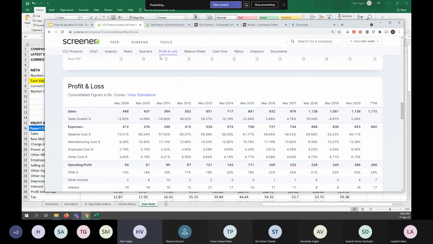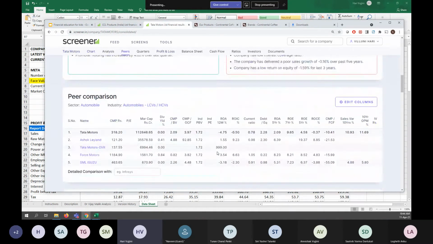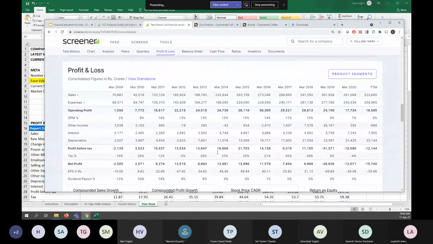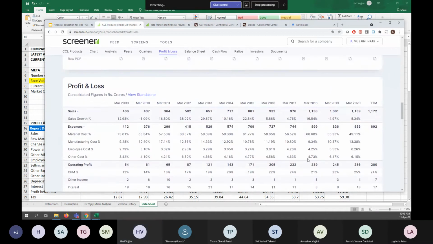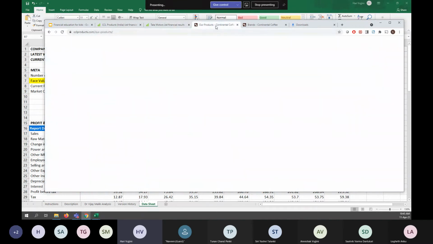CCL is also doing manufacturing, not a real comparison, but at least we can do it. In the case of Tata Motors, look at the operating profit margin, how much is it? 7%. Whereas CCL, how much did we have? 25%. Do you see the difference? This is how you should see whether this is a good company or a bad company, right?